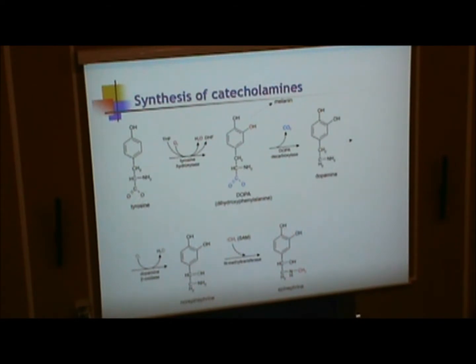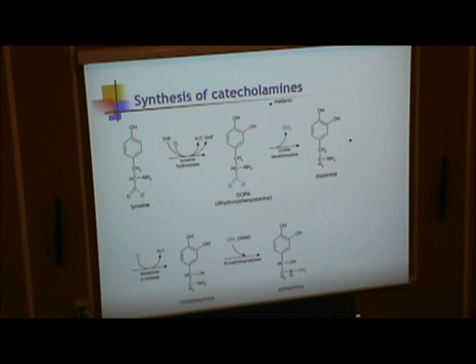Dopamine is converted into norepinephrine. Then norepinephrine is submitted to the action of N-methyltransferase. Under the action of this enzyme, the norepinephrine is methylated. The donor of the methyl group is S-adenosyl methionine.